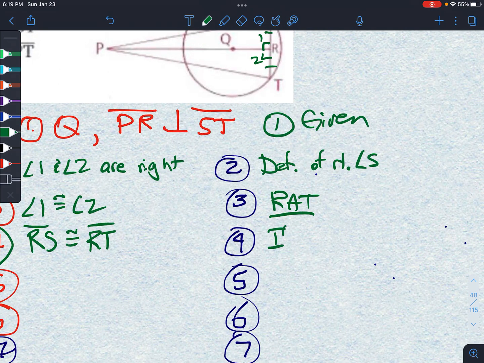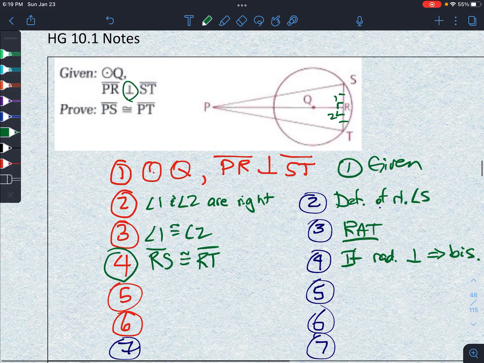And there we know that if a radius is a bisector, we don't know that it's a bisector, we know that it's perpendicular, right? If the radius is perpendicular, then it's a bisector. All right. I'm going to say PR is congruent to PR by the reflexive property.